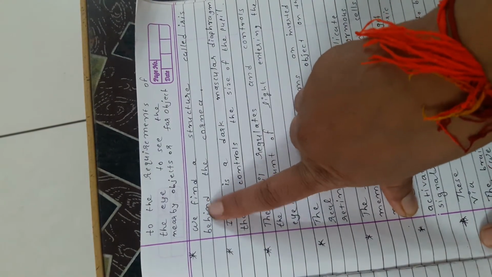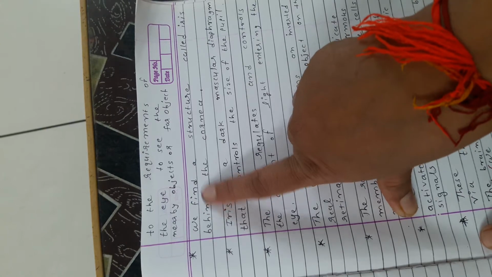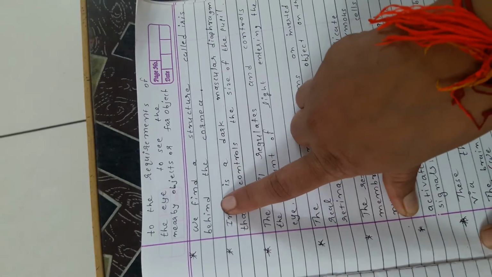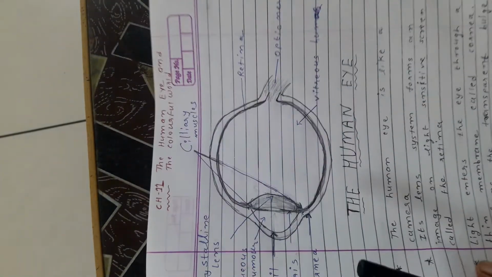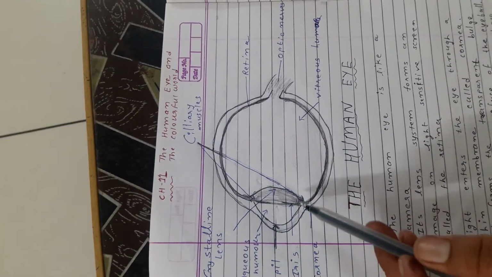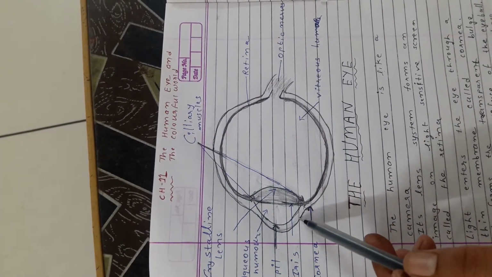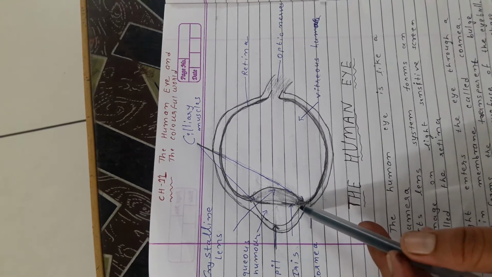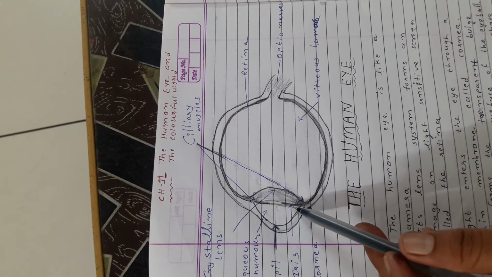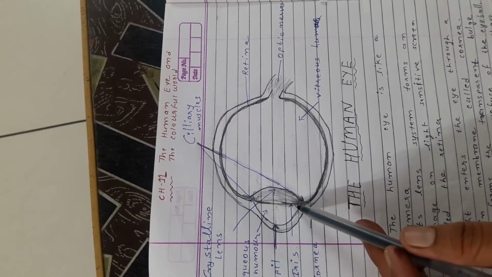Now iris. We find a structure called the iris behind the cornea. See, this is the cornea, a thin membrane, and behind the cornea, the iris.